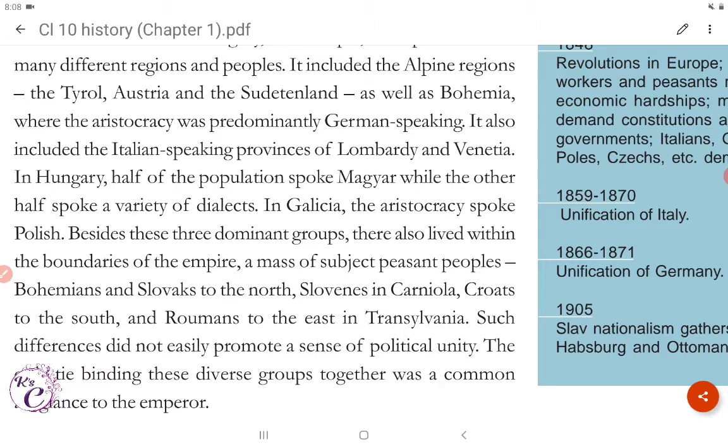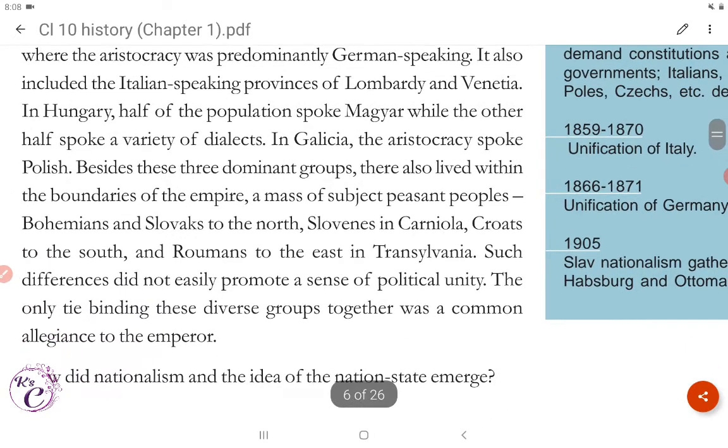Such differences did not easily promote a sense of political unity.